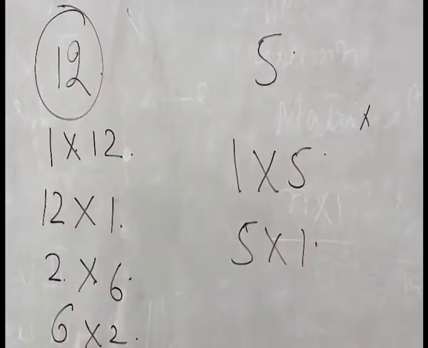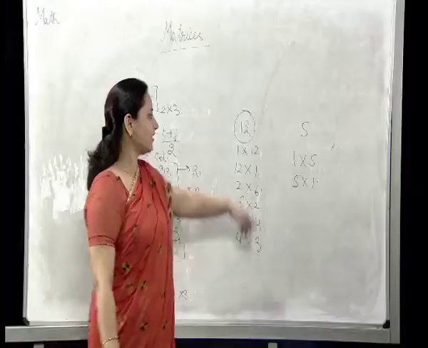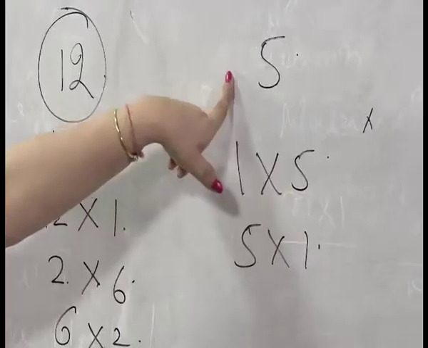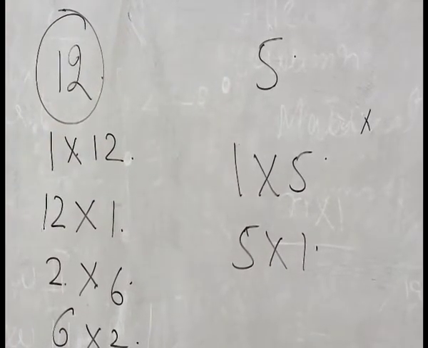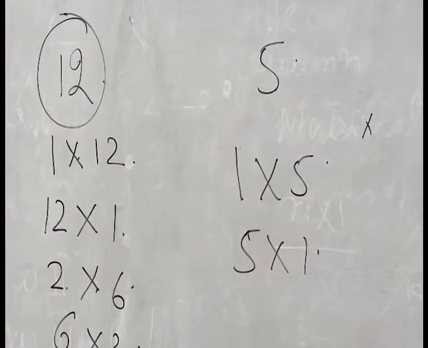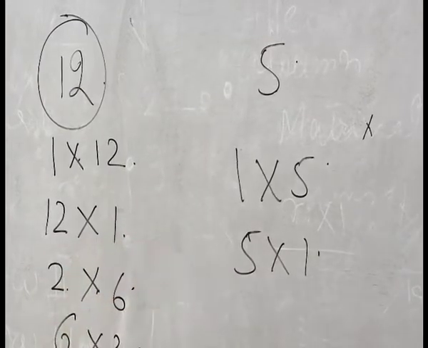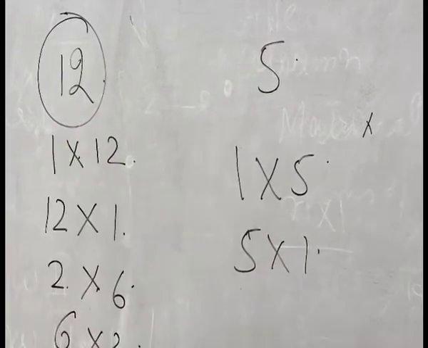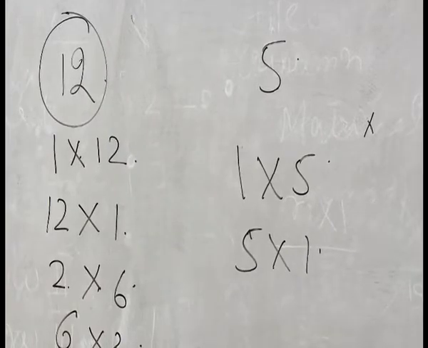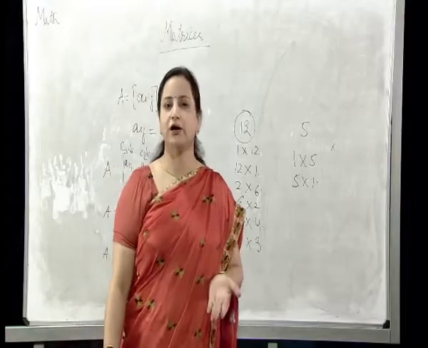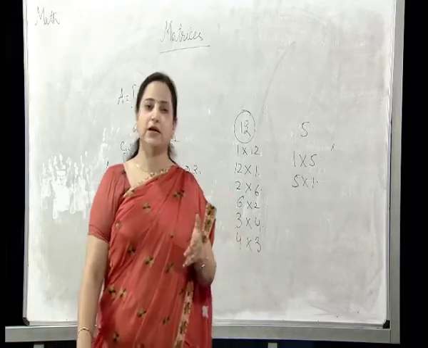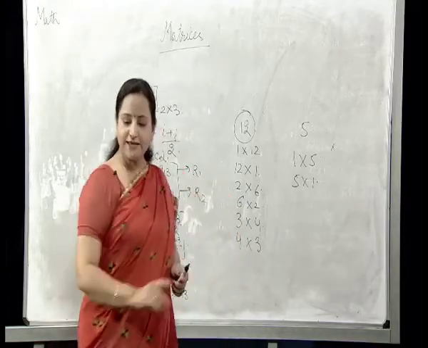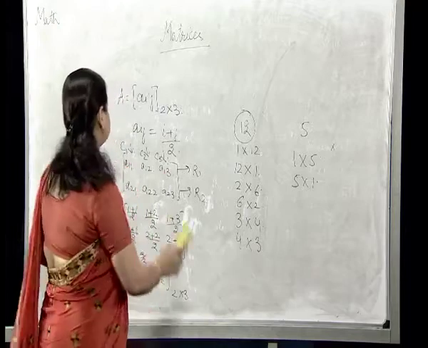So if the number of elements is prime, you will have 2 different orders, that is 2 matrices. One is a row matrix and one is a column matrix. This is about the order of a matrix. I think by now you are clear with the order of the matrix. Now next, what is a zero matrix?